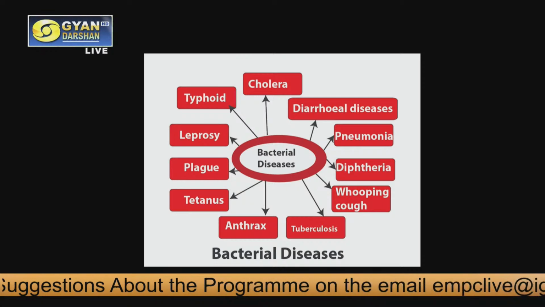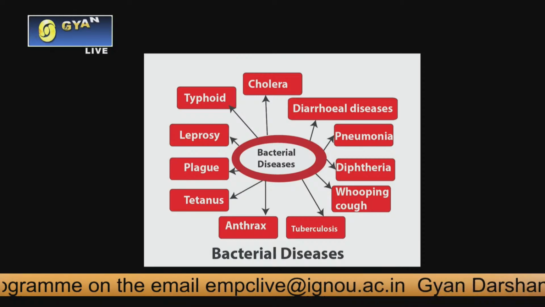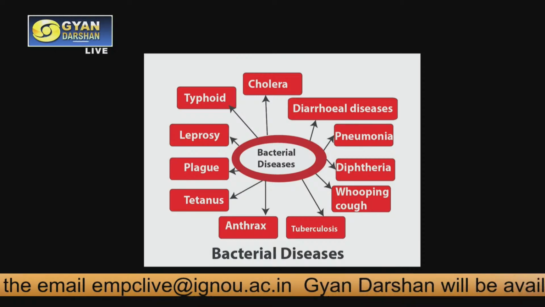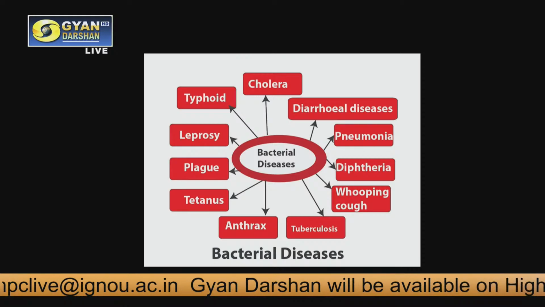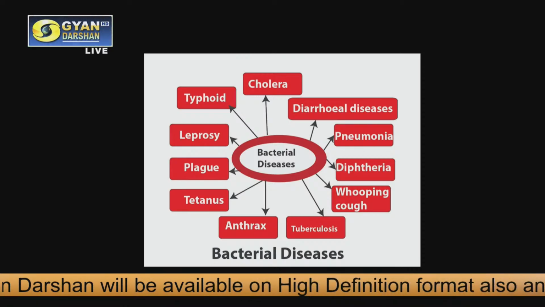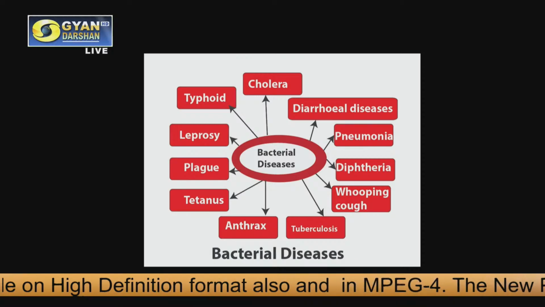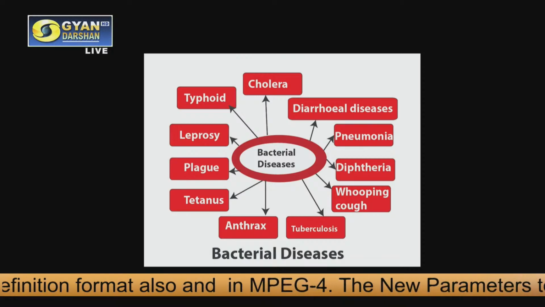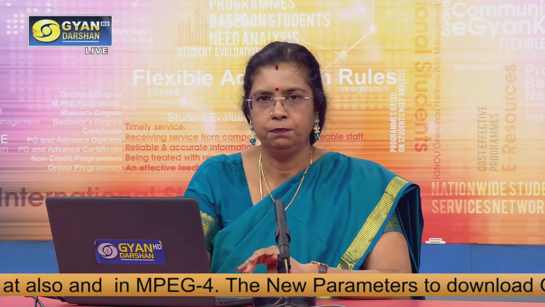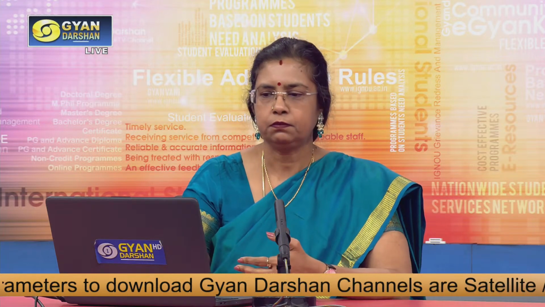Cholera, typhoid, and the diarrheal diseases can be contracted through water. Then we find tetanus, which comes through the skin. When your skin is open, when you have a wound or an infection, then tetanus bacteria can affect a person. So these are some important bacterial diseases that affect human beings.